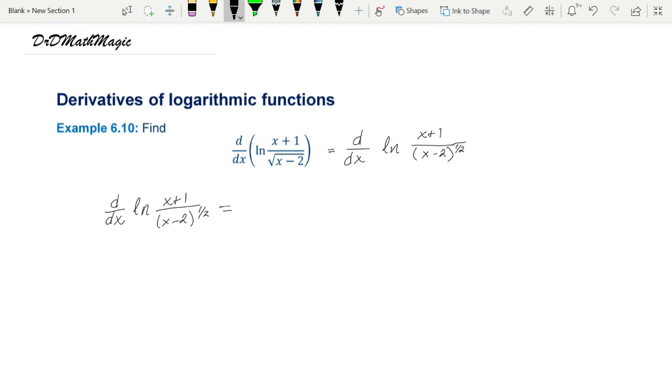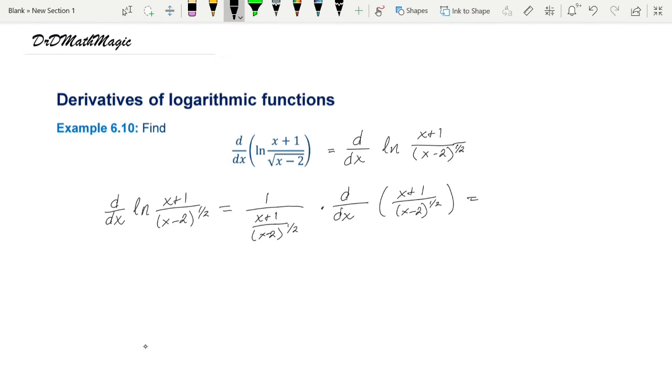So what is that? What is the derivative of ln of something? So it's 1 over whatever that something was. So in my case, it's x plus 1 over x minus 2 to the power of 1/2. Okay. And then I have to multiply that by the derivative of the something. The something is this complex thing, which is a quotient of two functions. So let me deal with that separately.